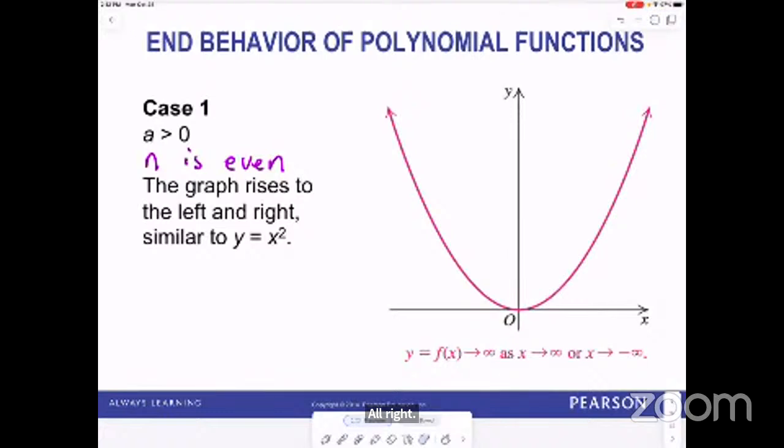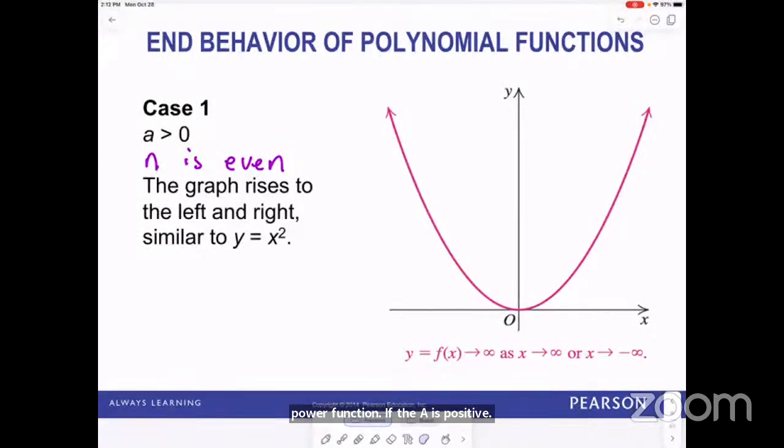Okay, so again, we want to explore end behavior of a polynomial function. This first case is where a is positive and n is even. So a is the leading coefficient of the power function. If a is positive, that tells us that the right-hand side of the graph goes up.